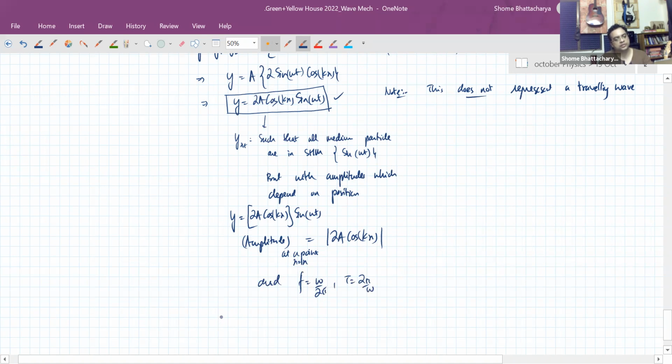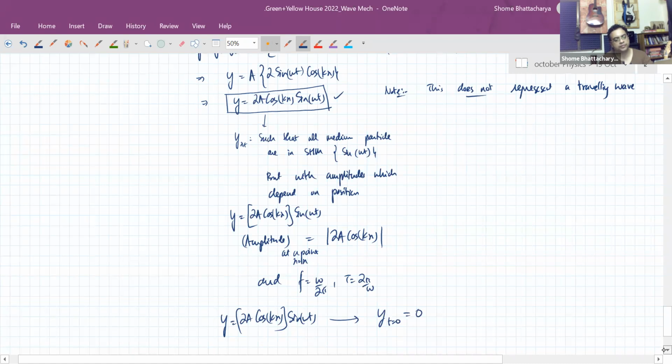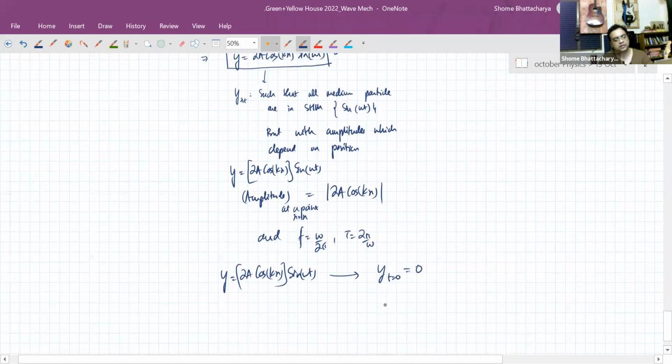So that is why if you look at this equation and you plot it at various different times, for example, at t equal to 0, it just becomes 0. At t equal to 1/8 of the time period, the sine omega t term becomes 1 by root 2, so this becomes root 2a cos kx.